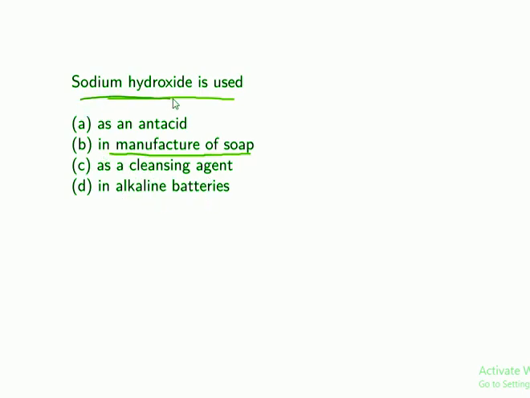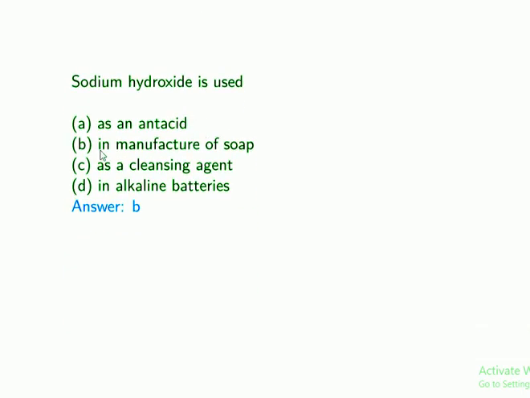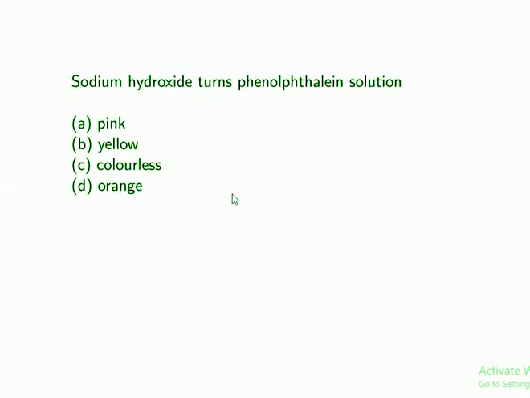Sodium hydroxide is mainly used in the manufacture of soap, so option B is correct. Sodium hydroxide turns phenolphthalein solution into which color? When phenolphthalein solution is added to sodium hydroxide, we get pink color.